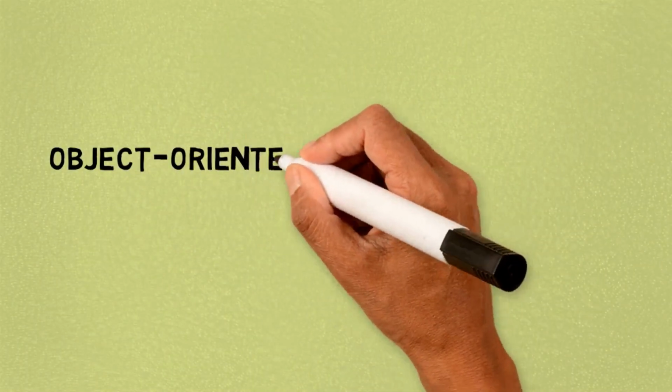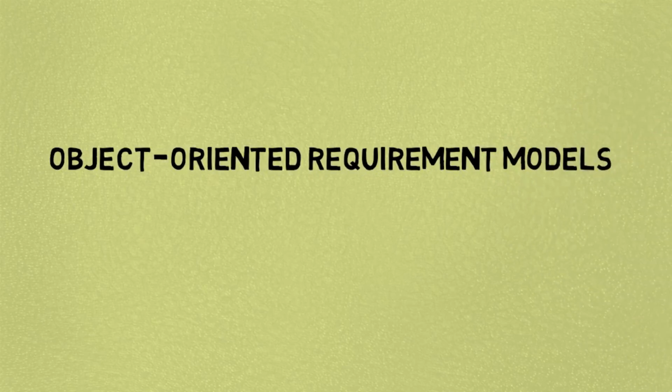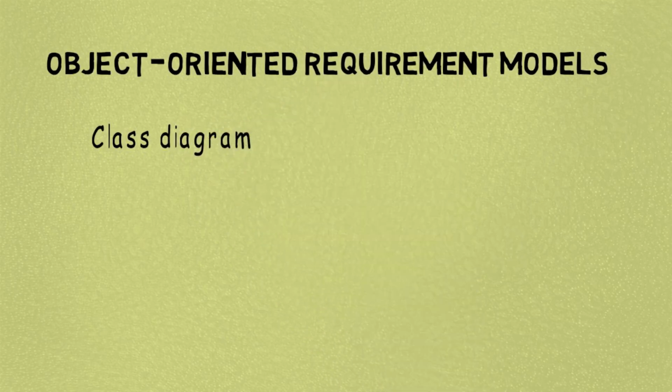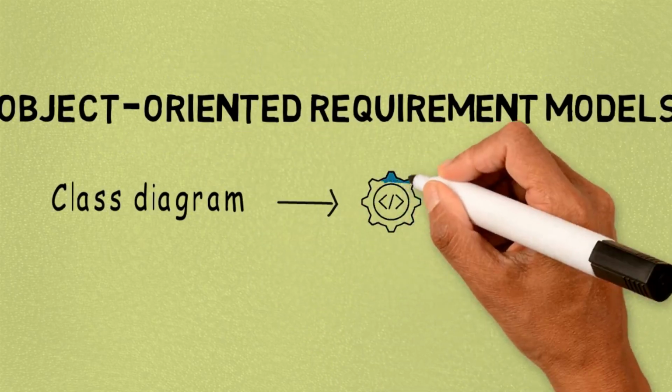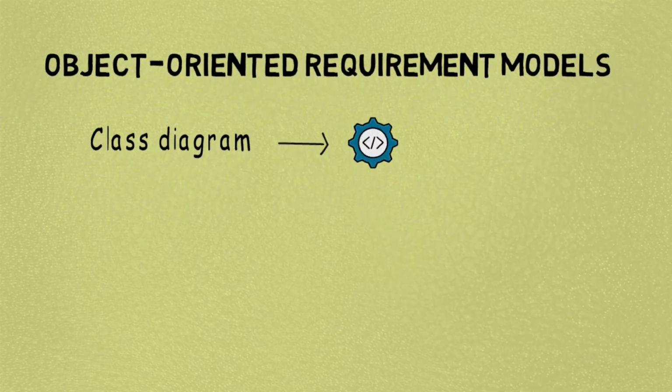Object-oriented requirements models. The first model is the class diagram. A class diagram is the system component translating the models into programming code.